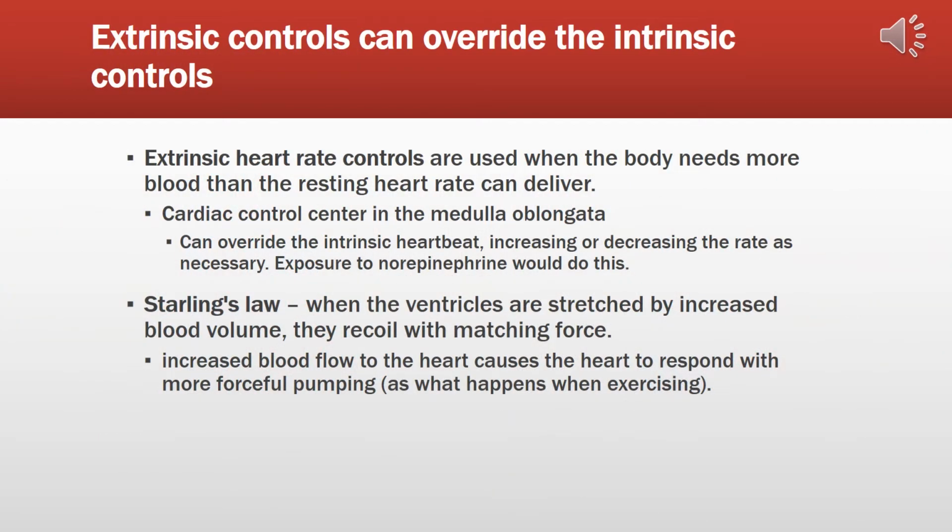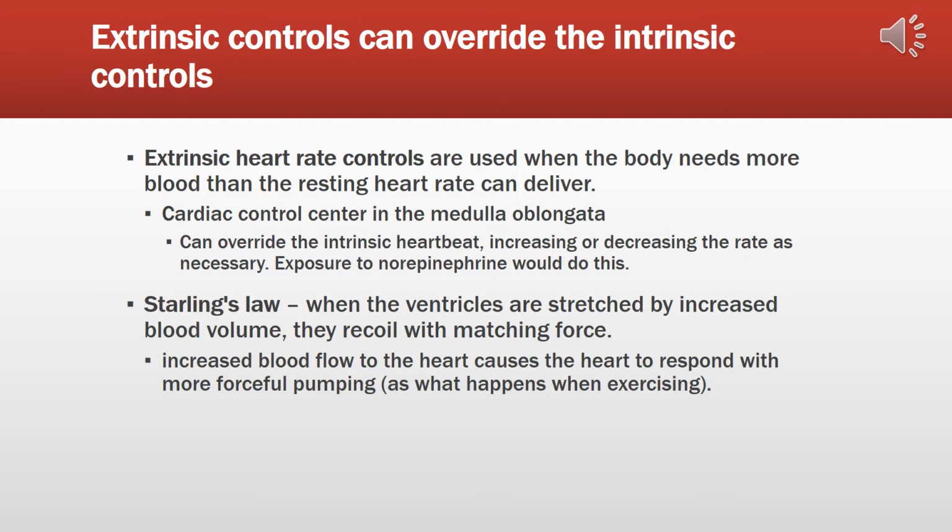Moving on to extrinsic heart rate controls and how they can override intrinsic controls. The extrinsic heart rate controls are the controls used when the body needs more blood than the resting or normal heart rate delivers. This is actually a cardiac control center in the medulla oblongata portion of the brain.